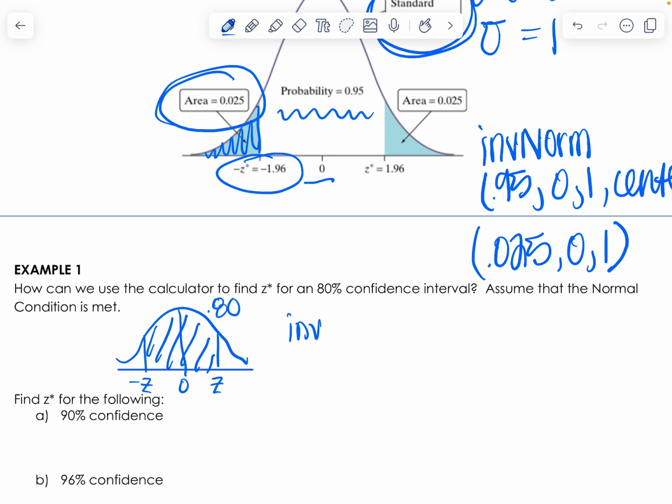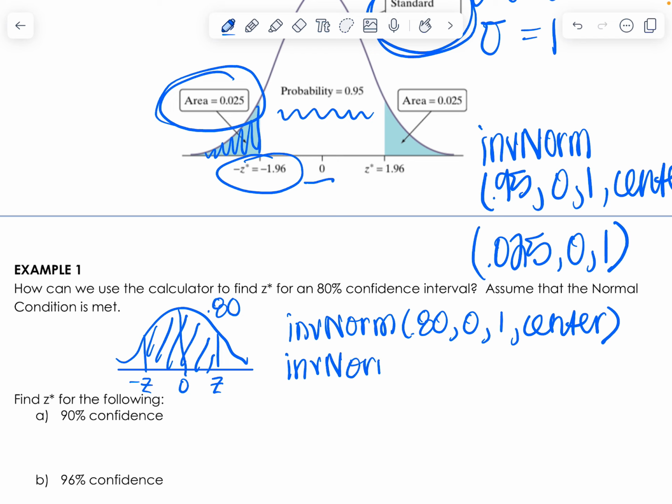So in our calculator, we will say inverse norm, 0.80, the mean of 0, and the standard deviation of 1. Specifying the center is what we have encompassed. Or we'll do inverse norm. Okay, and if we need the area to the left and the right, we have to think about, okay, we've got 80% in the center, which means 10% is to the left and 10% is to the right.